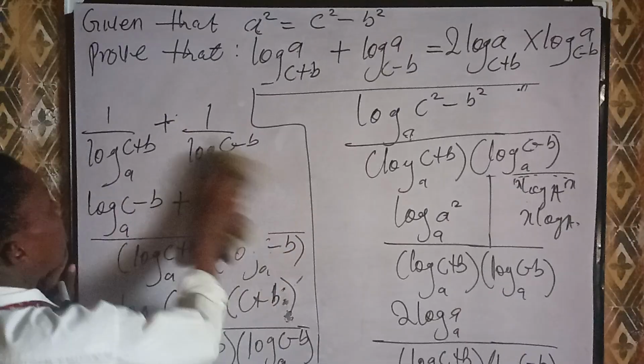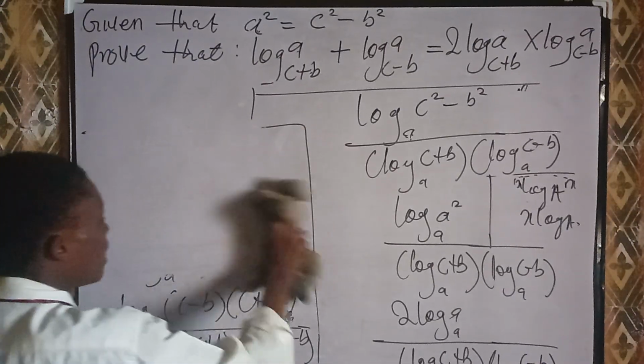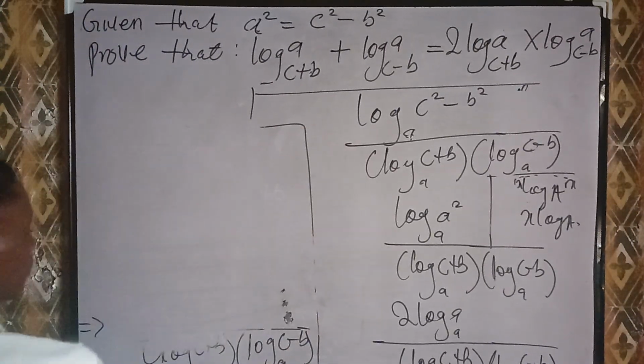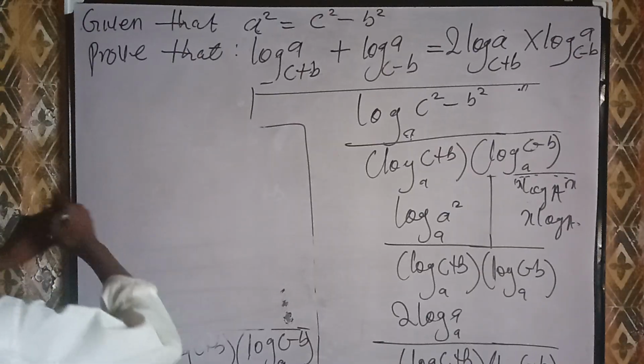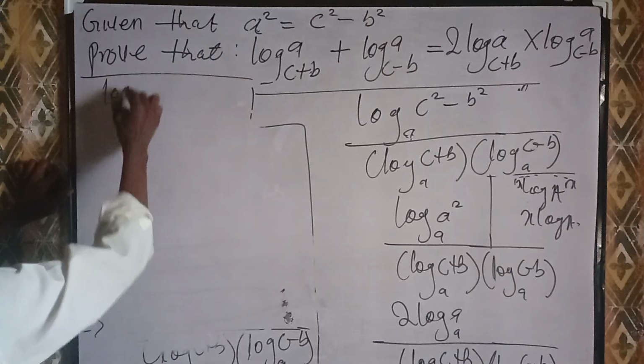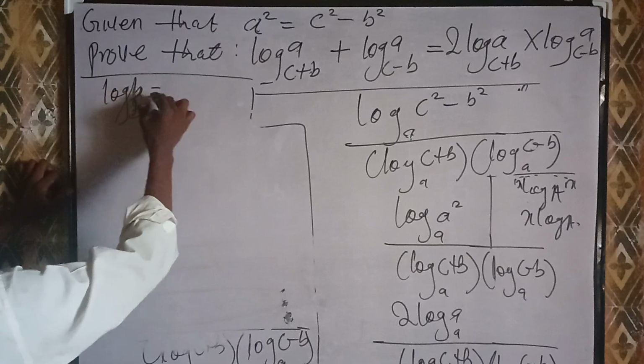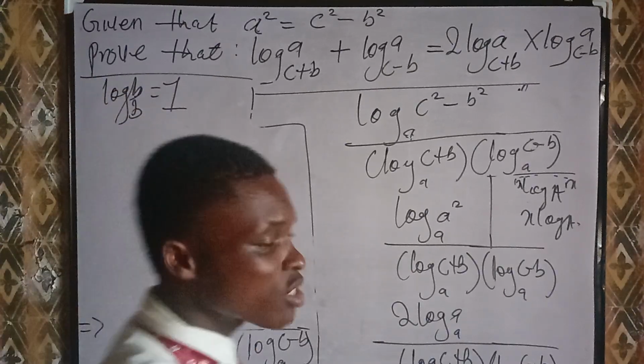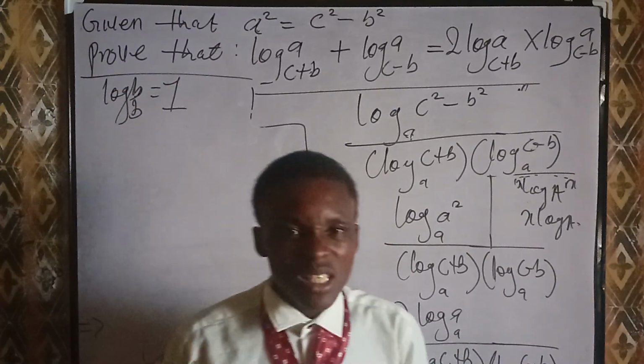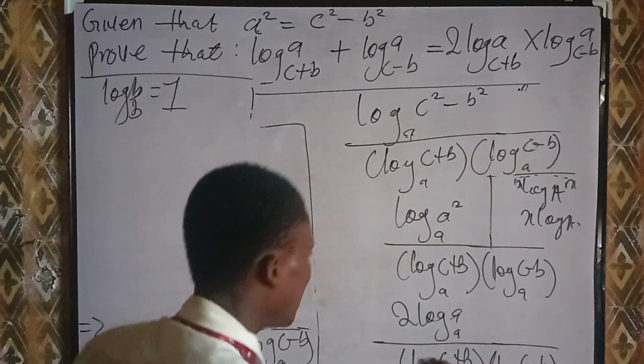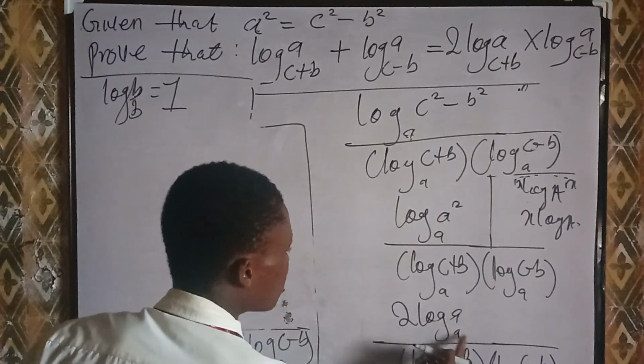All right, let's go. From here, we know clearly, recall, if we have log B base B, the result is 1. What does the law state? The law states that when the log and the base are the same, the result is 1. So clearly, if we have log A base A, the result is 1.